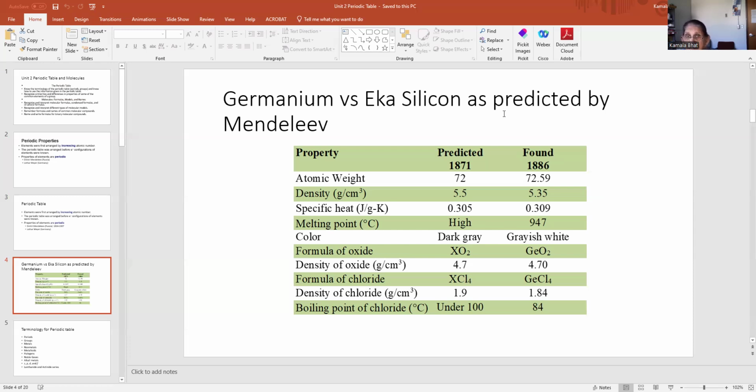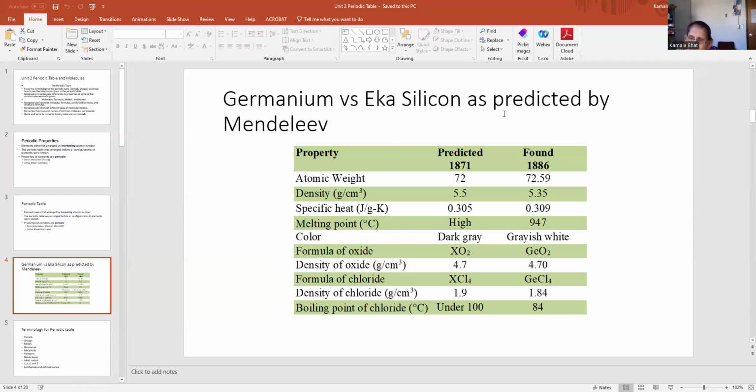In 1886, eka-silicon was discovered and named as germanium, and at that time, the atomic weight was found to be 72.59, density 5.35, specific heat 0.309, melting point was found to be 947. The color of the element was grayish-white.